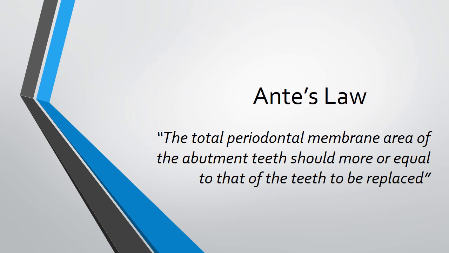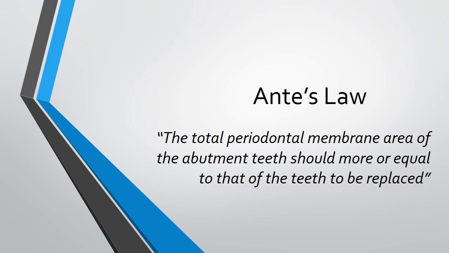The third important aspect is the consideration of the periodontal membrane area, which is very well defined by Ante's law. This definition is important from the theory examination point of view as well as in the viva voce.